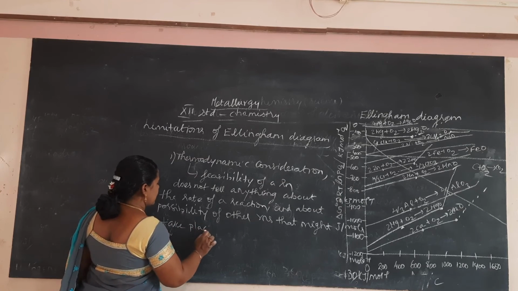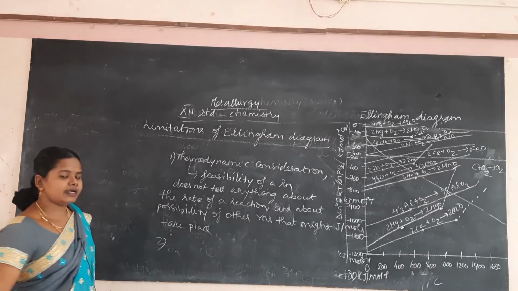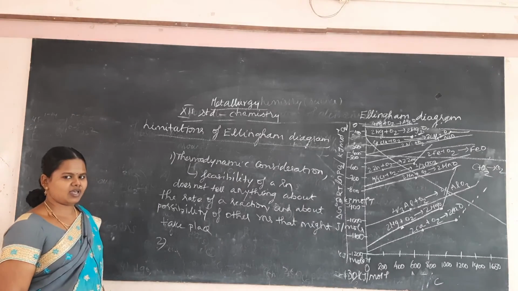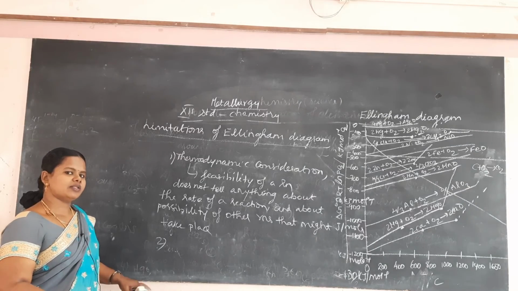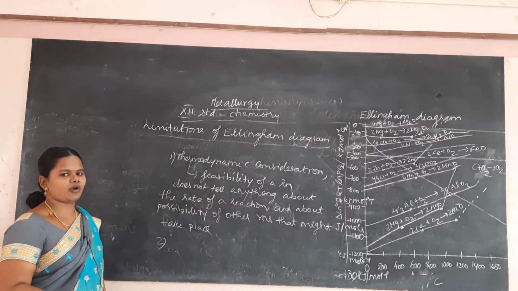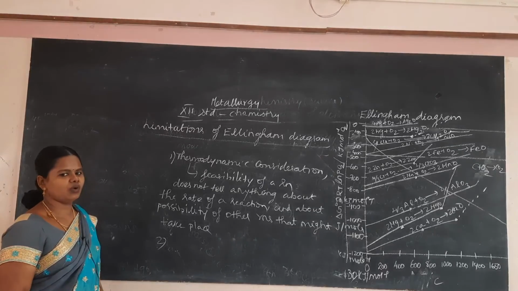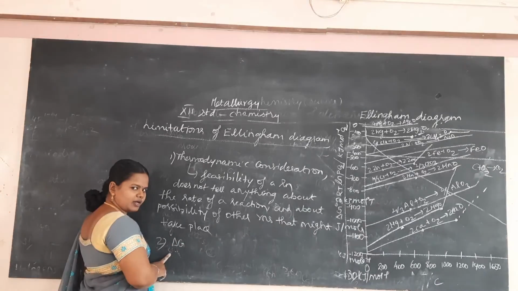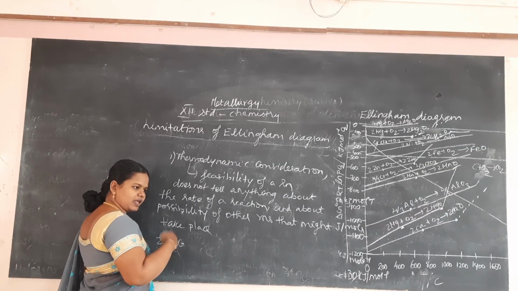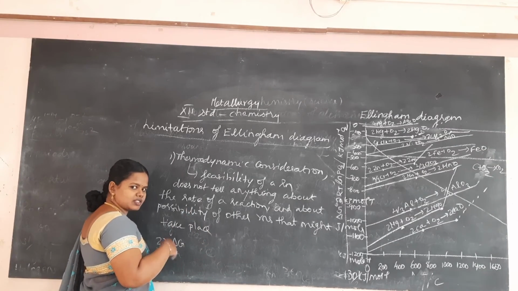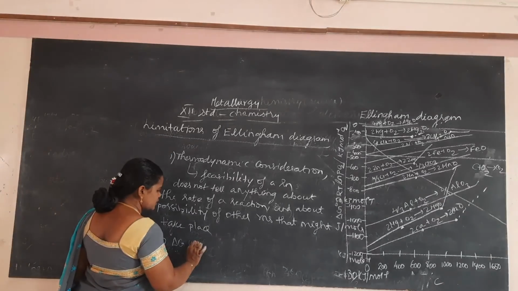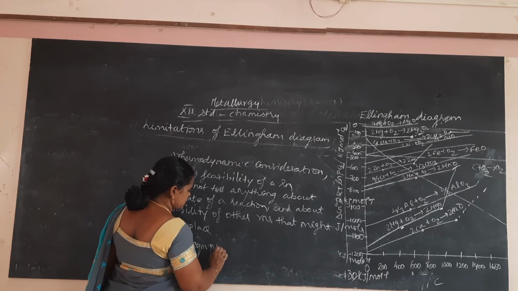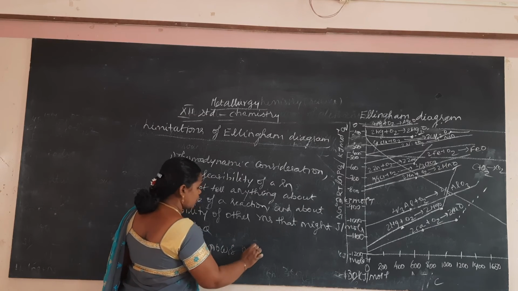And here the second limitation is that the del G is related to an equilibrium process, that is, the reactants are in equilibrium with the products, and that is not always true.